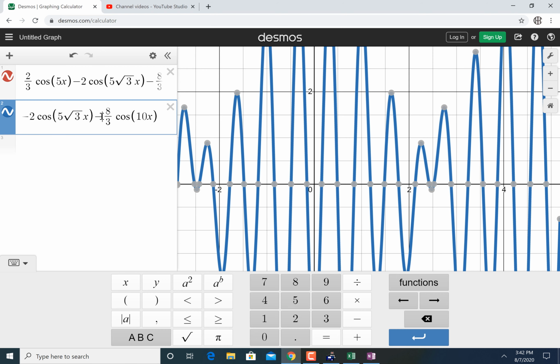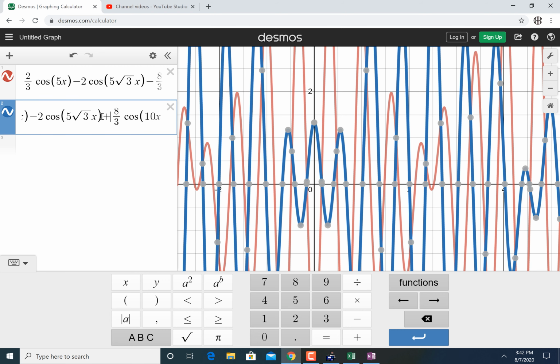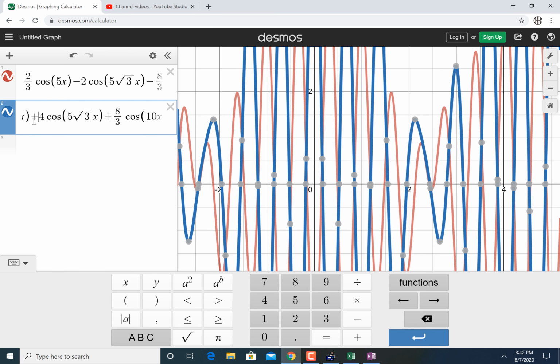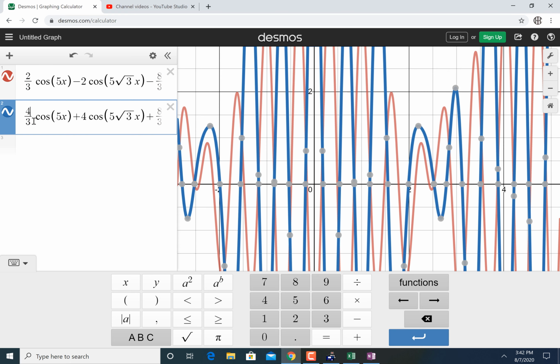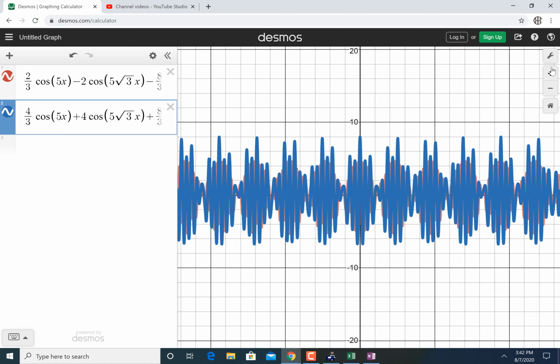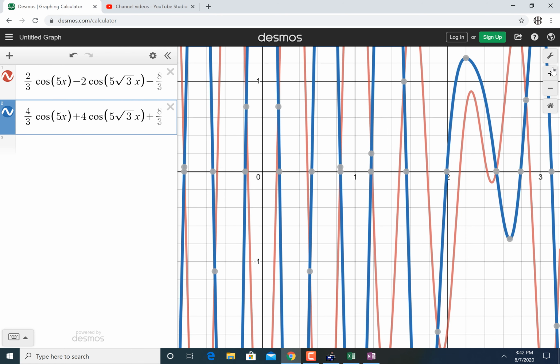They were positive here, and positive 4 here, and 4/3 here. And so again, at 0, zoom in a little bit there.